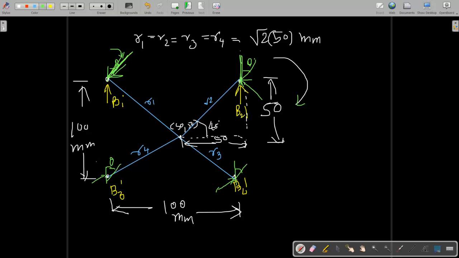Sorry, it is vertical, because perpendicular direction. Okay, so I am drawing this another drawing like this. This is bolt 1, this is bolt 2, bolt 3, and bolt 4. Let me draw on another page.